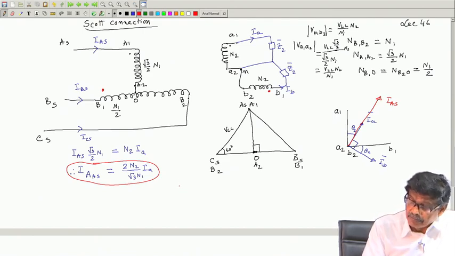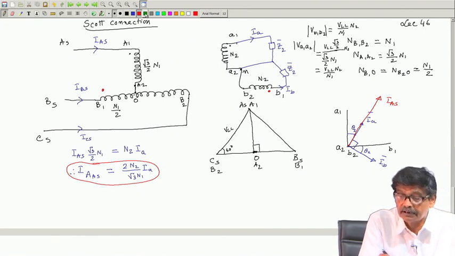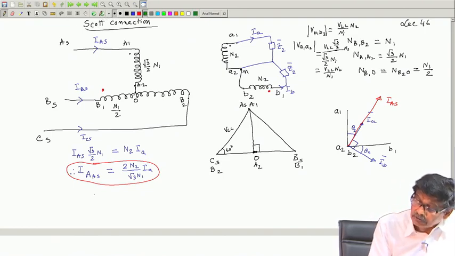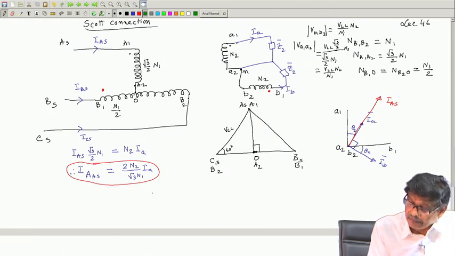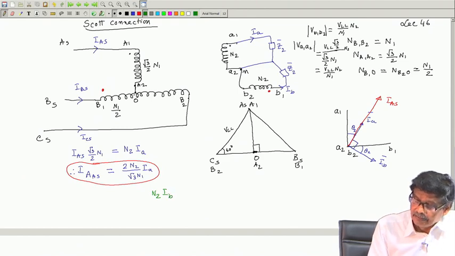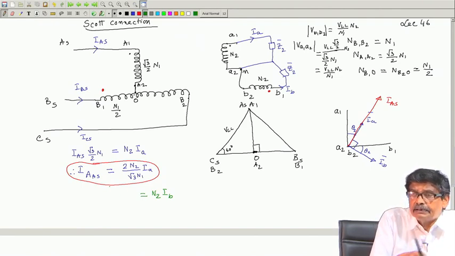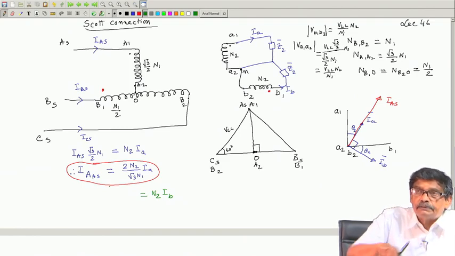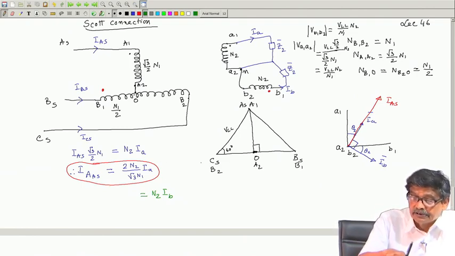Therefore, the MMF, I will use a different color for these calculations, will be N2 into IB. Phasors, IB is a phasor, I am not drawing bars over these things. This must be equal to the MMF produced by the primary coil, and I should always take currents going into it through the dot, the same logic.